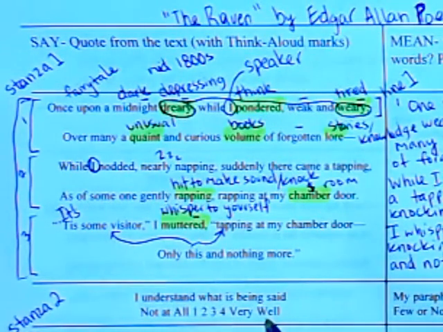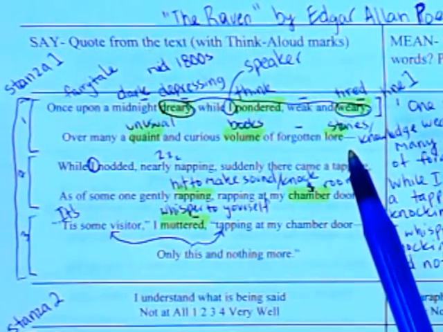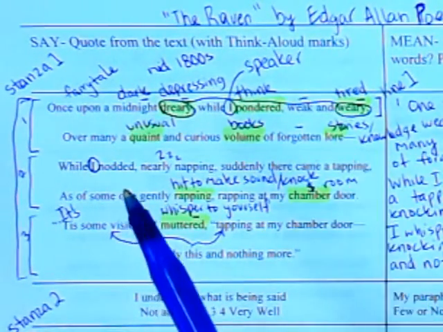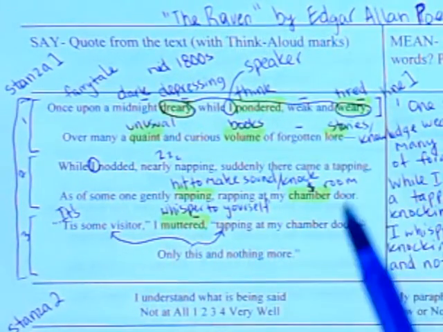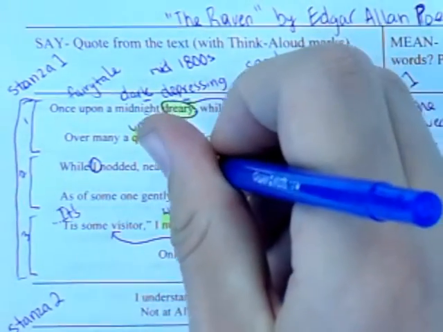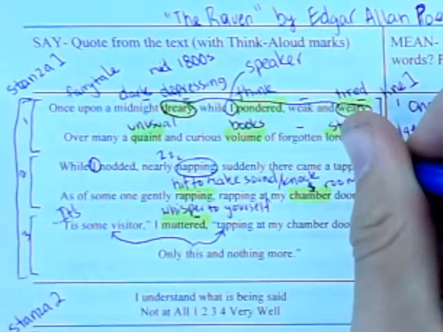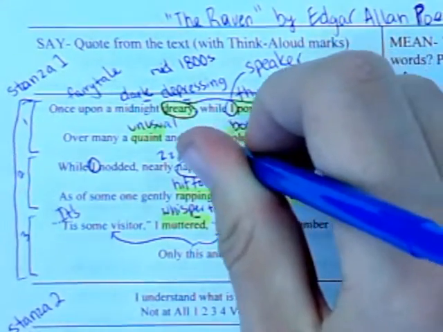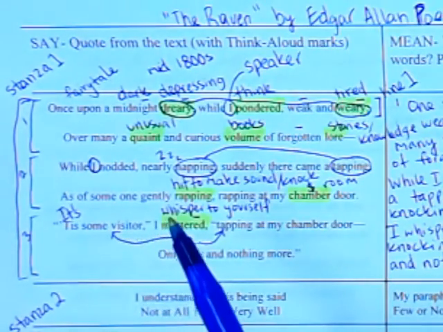Now the next time I see an internal rhyme, I don't see any in that second line. While I nodded, nearly napping, suddenly there came a tapping. So now in line 3, I see napping and tapping. Those 2 rhyme. And then in line 4 it says, as of someone gently rapping.